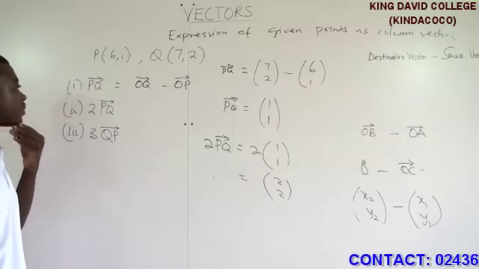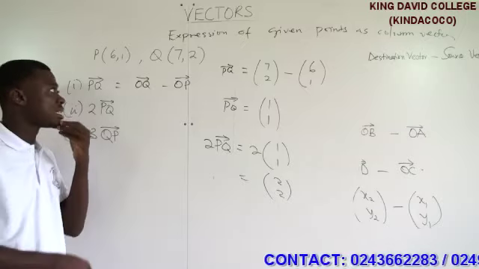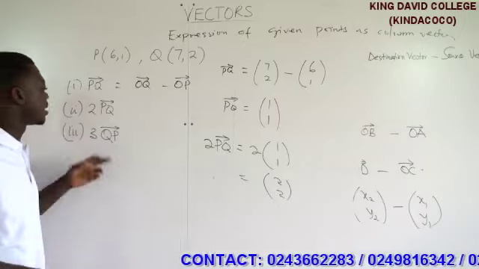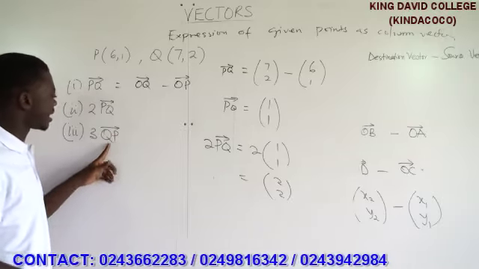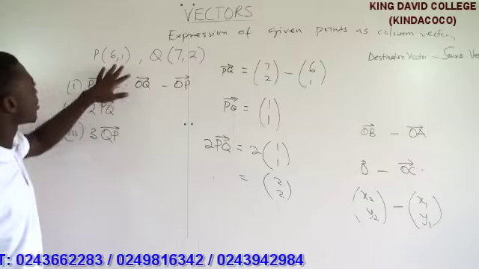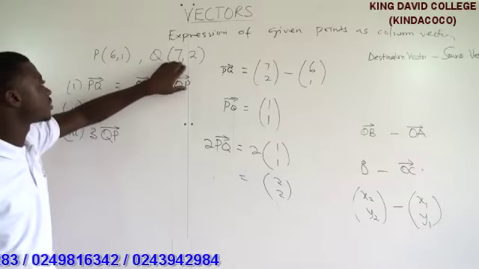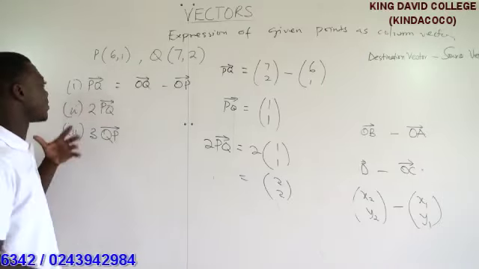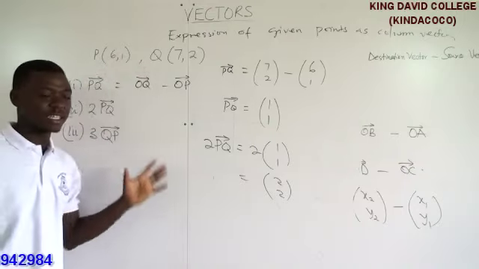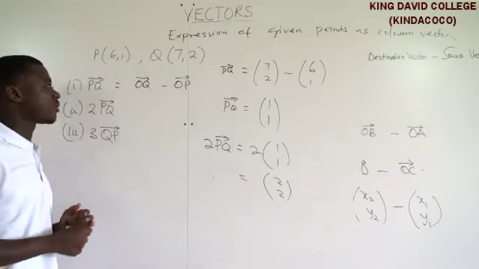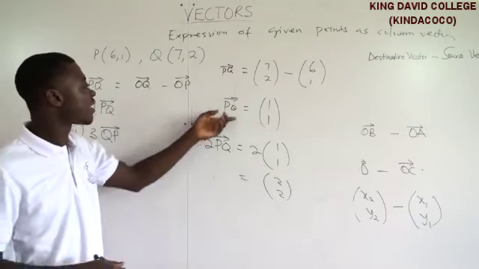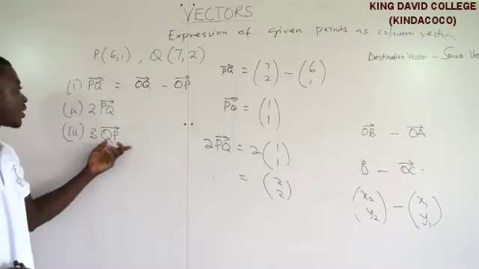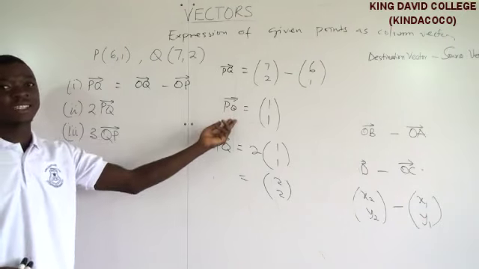Now the third one is saying 3QP. Now, someone might say, okay, for QP the destination is P and the source is Q. So I'm now going to do P minus Q, and then you get (-1, -1). Fine, that is also cool. But from the very beginning, we said that when we have PQ and you are trying to find QP, it's just the reverse, right?